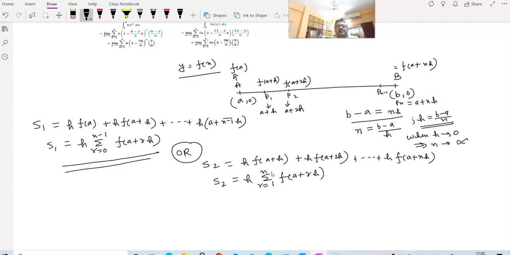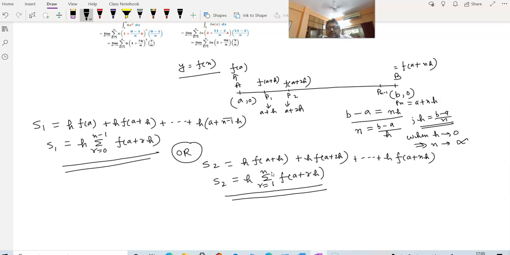Now when h is so small that h is tending to 0, in that case this limit and this limit will coincide, because the number of subdivisions is tending to infinity, and there is basically no difference between these two sums.